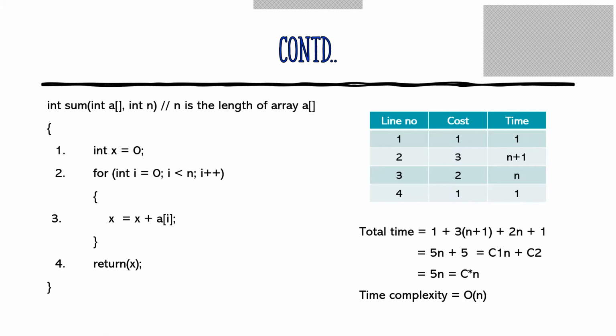So we discard the 5 portion, or this C2 term, and consider only the 5n term. Then we can also convert it to C into n, where C is a constant term and n remains the same. So time complexity will be only n. Again, the constant part will be neglected. I'm repeating again because it's a bit complicated.